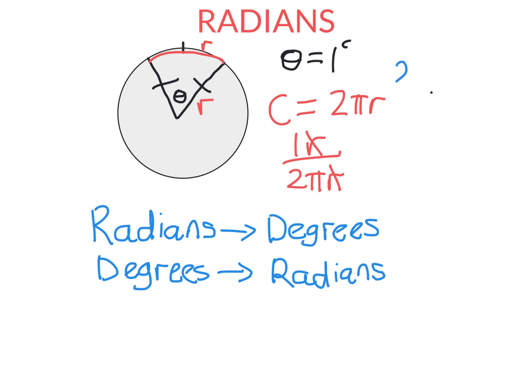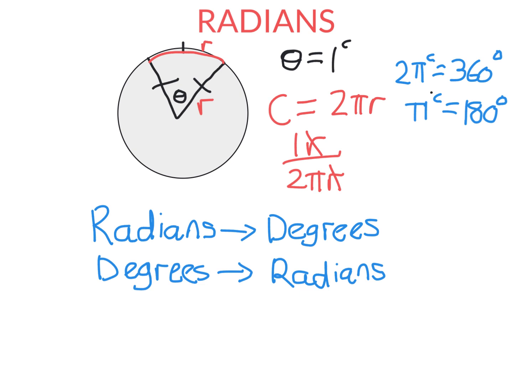What that means is 2 pi radians is equal to a full circle, which is 360 degrees. And of course, that means pi radians equals 180 degrees. So there are 3.14159 and so on radians in 180 degrees.